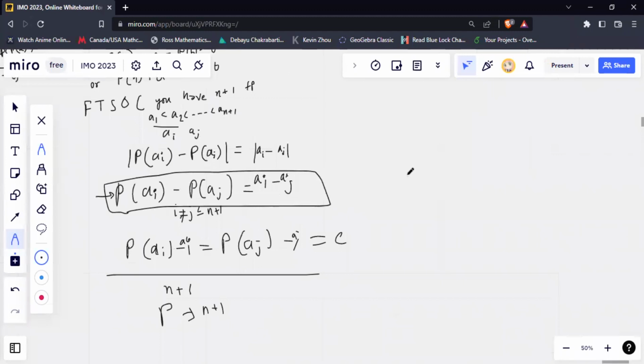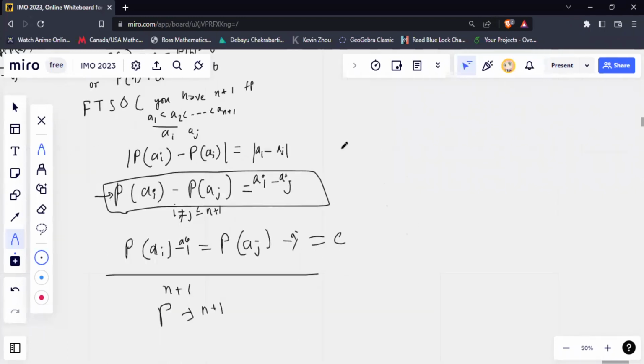If P of AI plus AI is a constant for n plus one terms, that is also a contradiction. But if they are different things, somewhere it's plus and somewhere it's minus, then not. If everything is plus, then it's a contradiction. Yeah, exactly, that's what I'm saying. You want this to be stable.